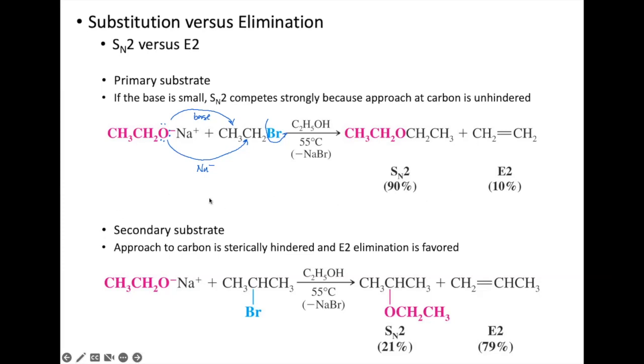Now, if you have a secondary substrate, so secondary to, di ba? Bromine is attached to a secondary carbon. The approach to the carbon is already sterically hindered, and therefore E2 is favored. Okay? So again, there are two possible points of attack.